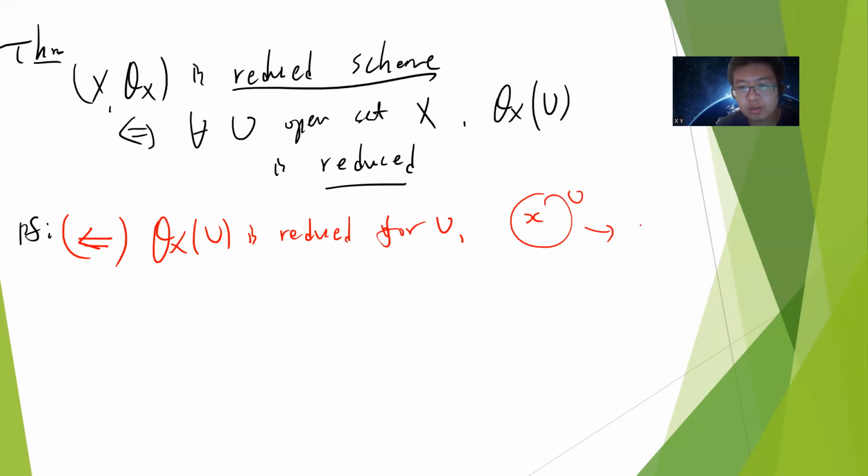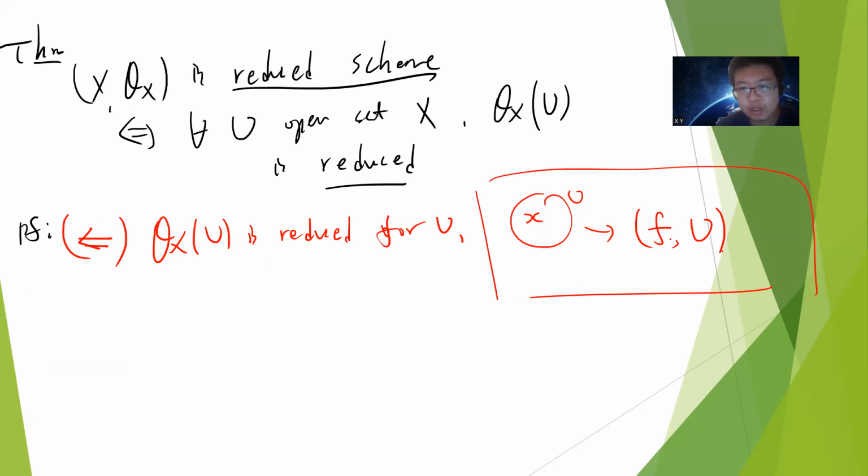So in the stalk representation, you are just writing f and U. Now if O_X(U) is reduced for all U, then let's say you choose an element f in the stalk O_{X,x}. If this element is nilpotent, let's say f^n is 0.